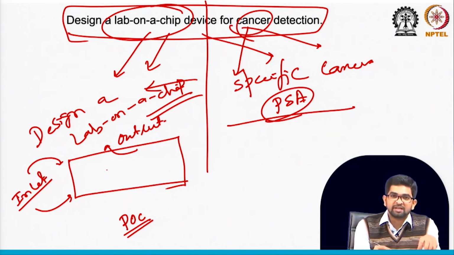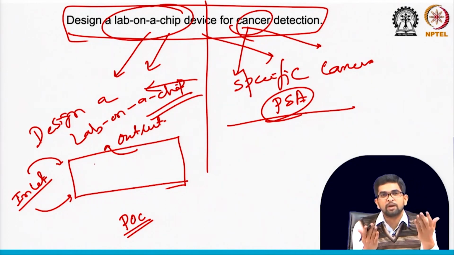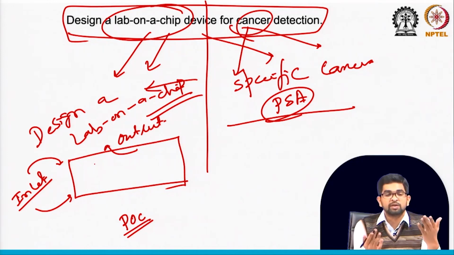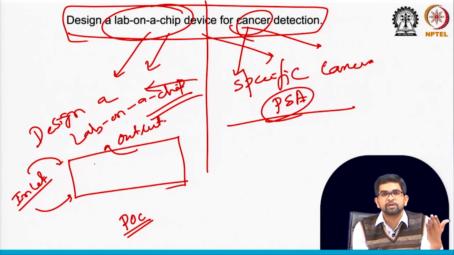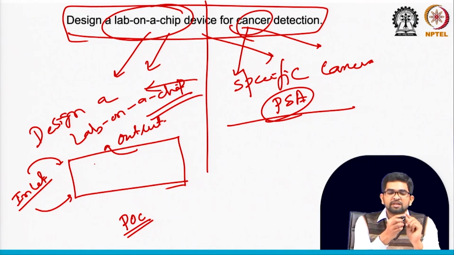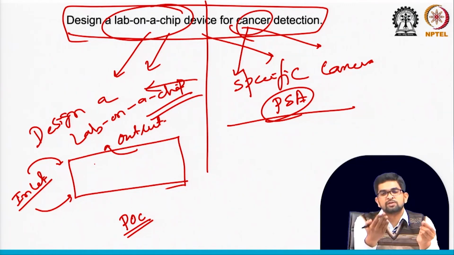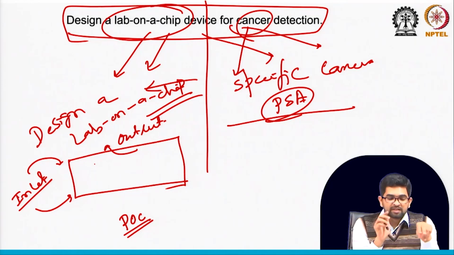What a layman will do is just drop the sample and wait, and they want to see a digital value, like the glucometer. In the glucometer, we just prick the finger, take 1 drop of blood on a chip, and after a few seconds you will see the digital value on your detector screen. Something like this is the lab on a chip concept, right?